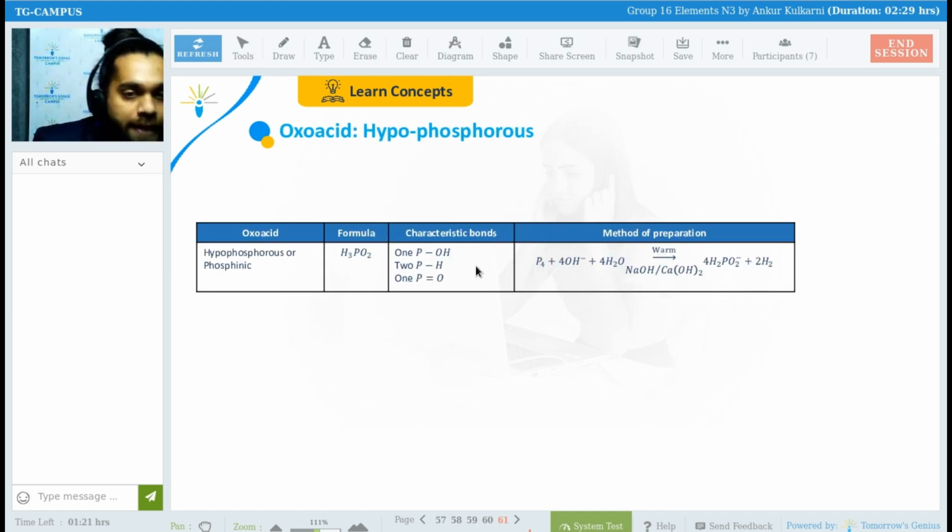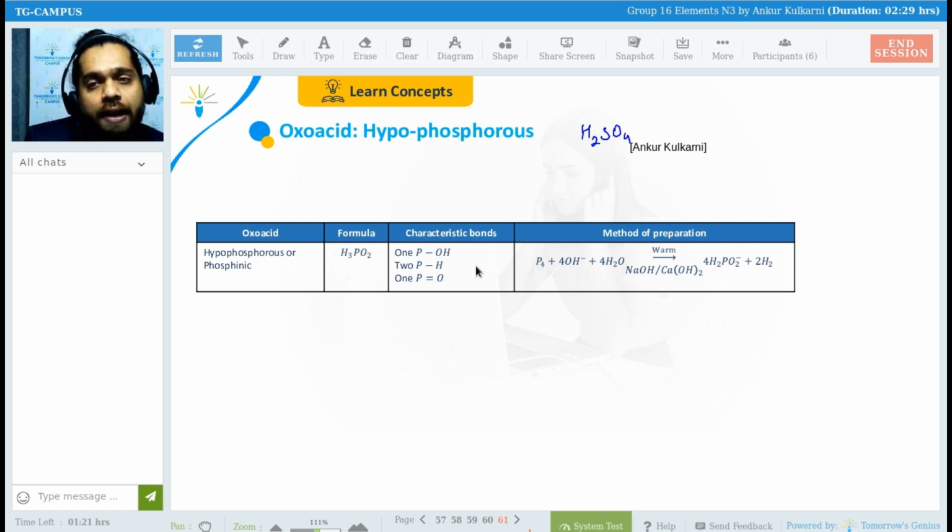Now look at this. H3PO2, hypophosphorous acid or phosphinic acid. Just like we have H₂SO₄, which is an acid, this is also a kind of oxoacid. How many H plus does H₂SO₄ give us?